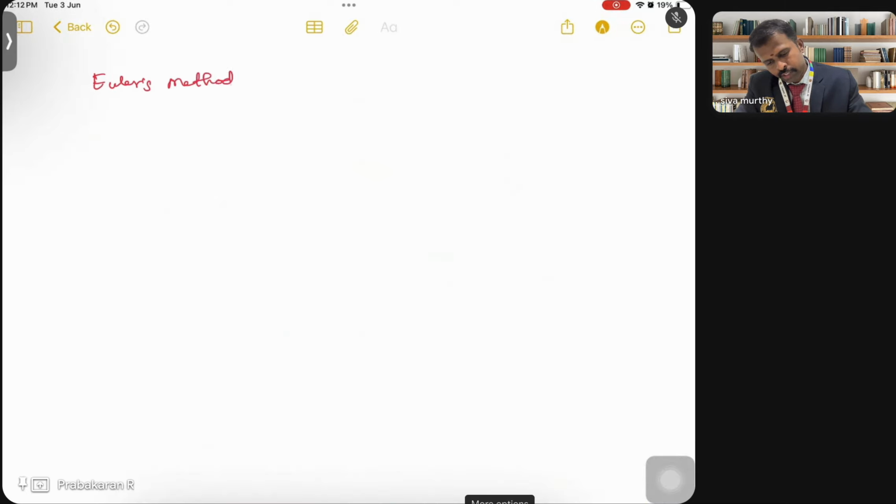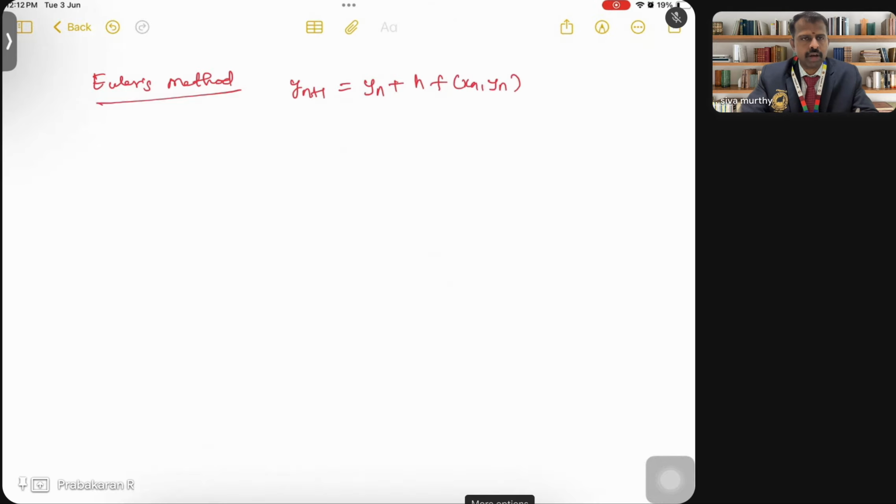First of all, Euler's method formula is y_{n+1} = y_n + h f(x_n, y_n). This is the fundamental formula for Euler's method, isn't it? Right. Now I am putting n equal to 0, then we get y1.